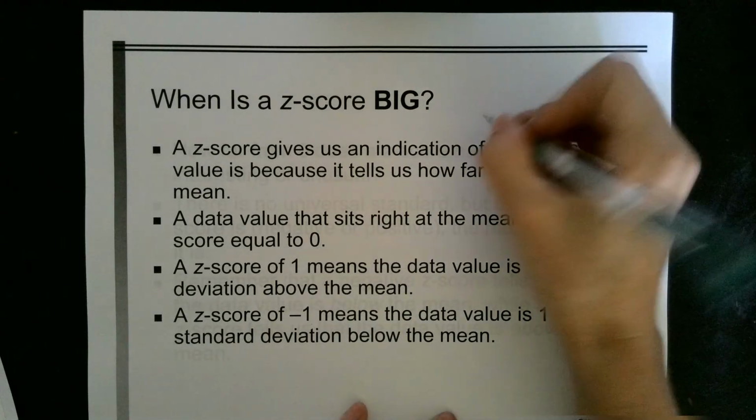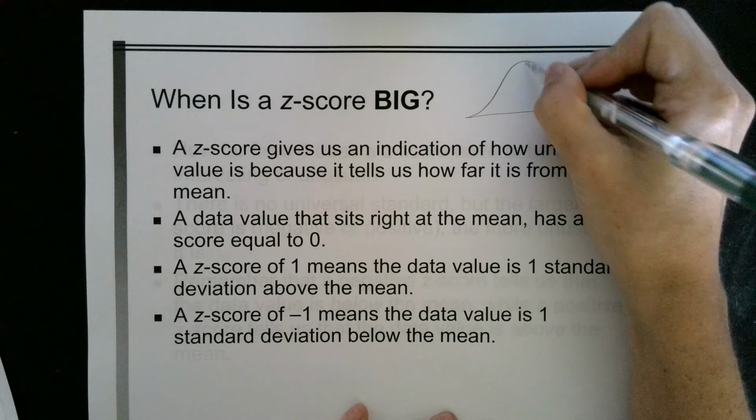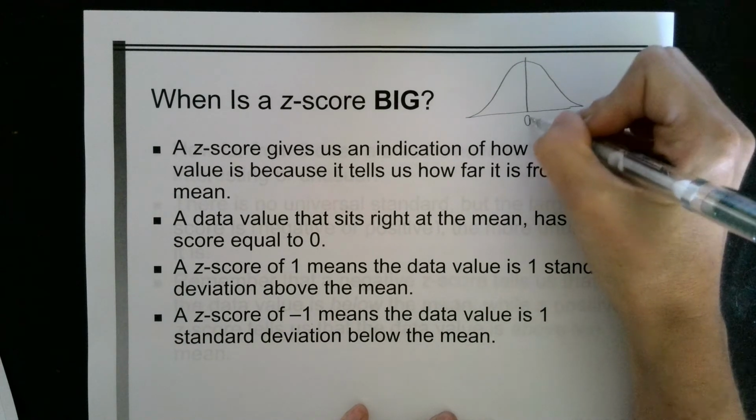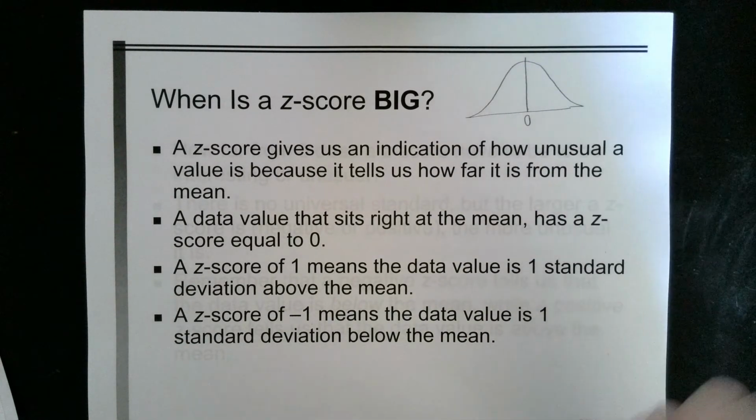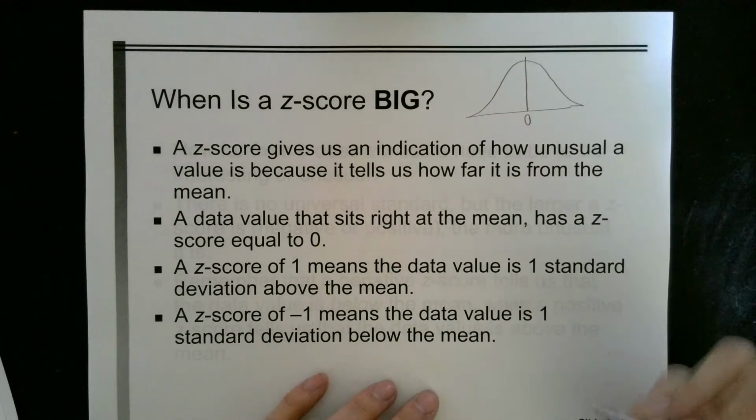So again, I'm going to go back to that normal curve. My average is right here at 0. If my z-score is 0, I know that my data point was equal to the mean. If I have a z-score of 1, it means the data value is 1 standard deviation above the mean.